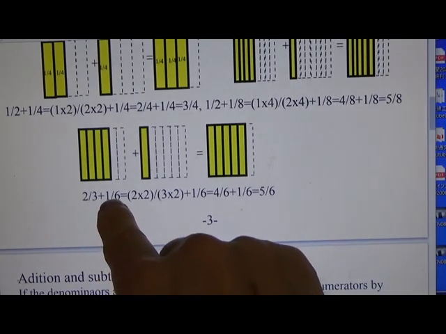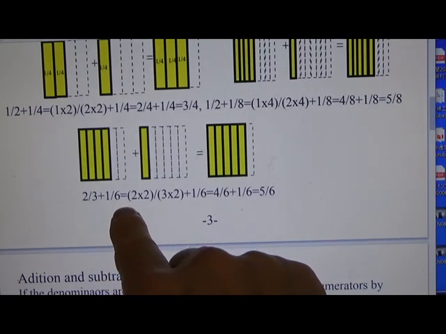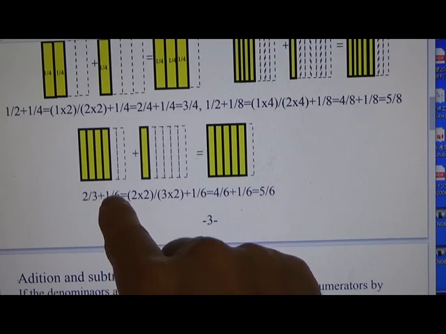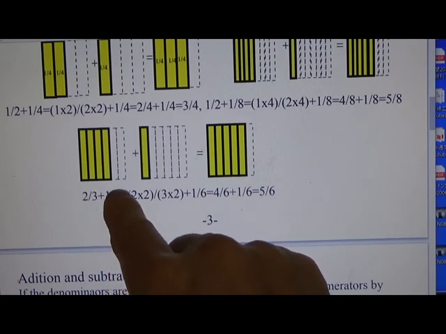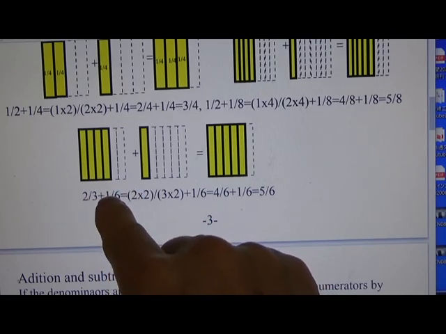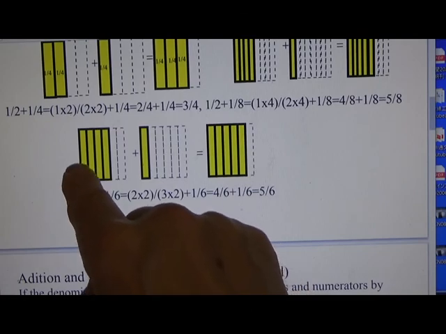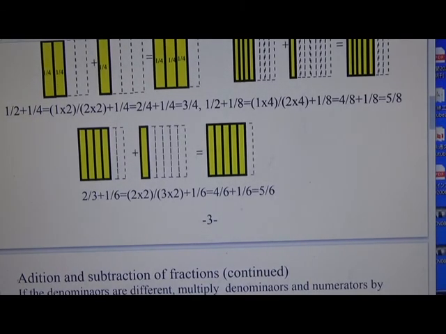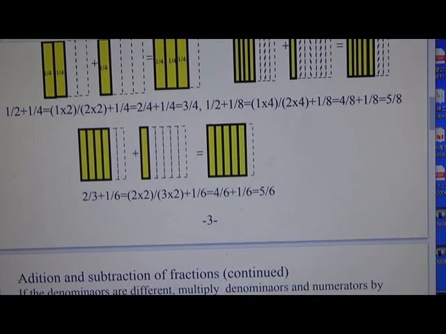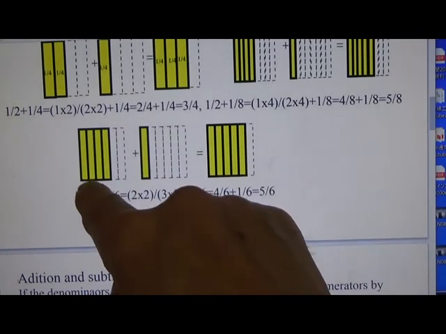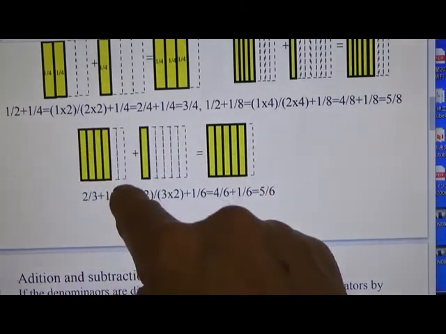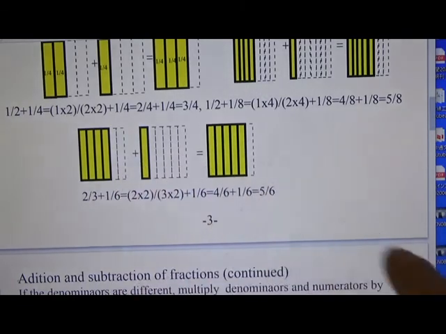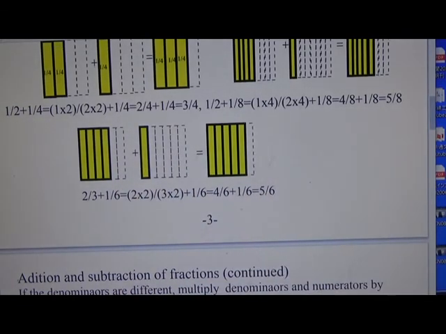2/3 plus 1/6 is: this yellow part, a single yellow part is 1/6, and 4 of them is 2/3.